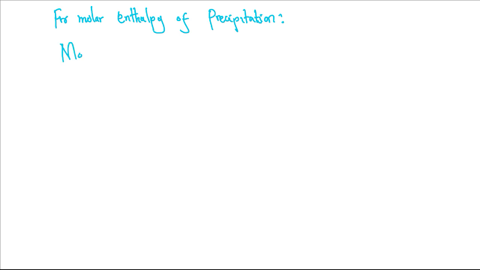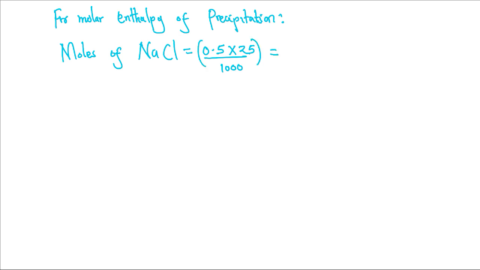Let us start by calculating moles of sodium chloride, that is 0.5 as the molarity, multiplied by 25 over 1000, and that gives 0.0125 mole.